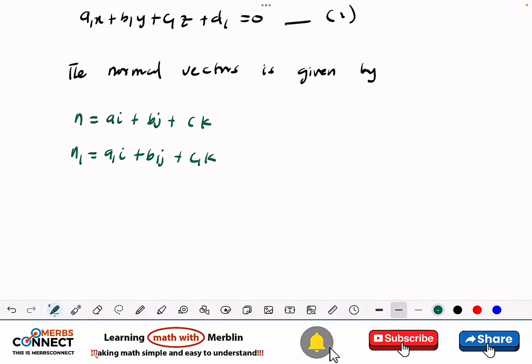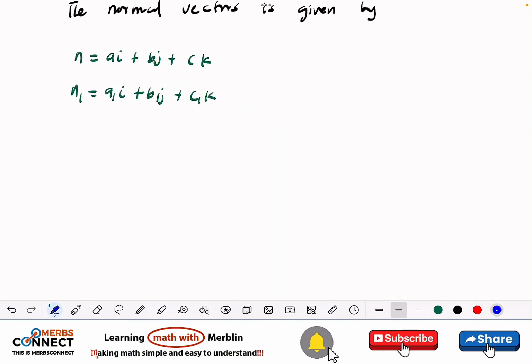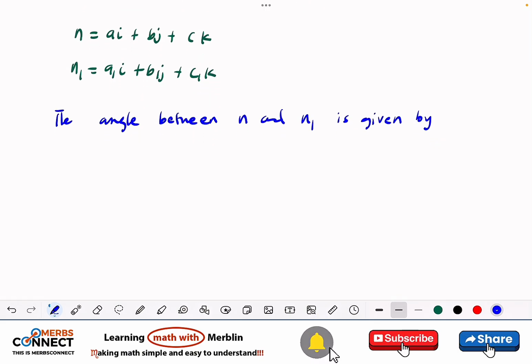So here we know that the angle between n and n1, which are the normal vectors, is given by, which we know it already, a dot a1, which is equal to the magnitude of a times the magnitude of a1 cos of theta.